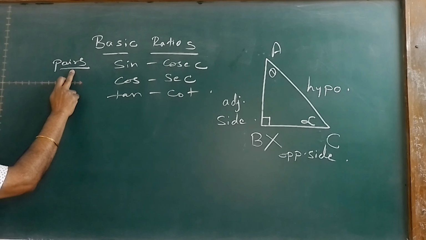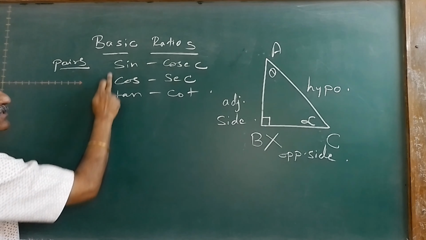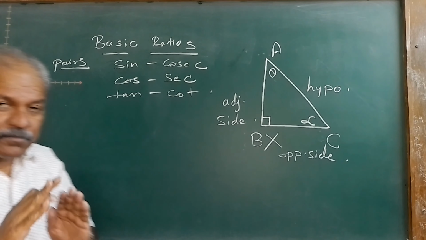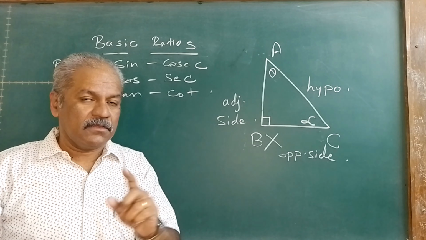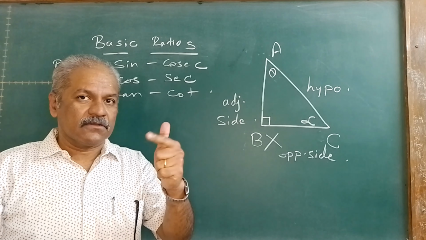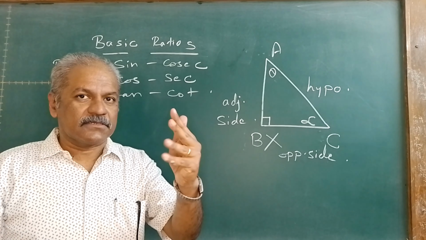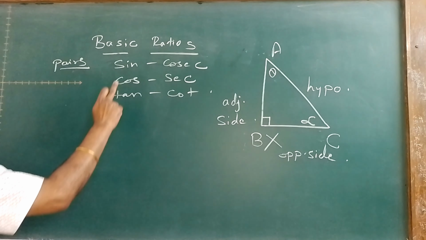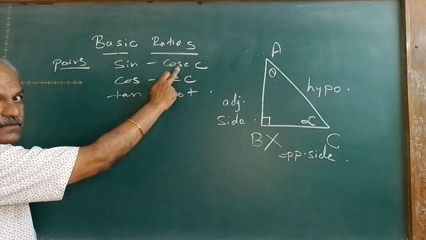Am I clear? Right. So let us go to the first part of trigonometry, basic ratios. For that you will have to remember these six terms in trigonometry. Remember all of you, complete trigonometry will be based on sine, cosec, cos, sec, tan, cot. I repeat, sine, cosec, first pair.